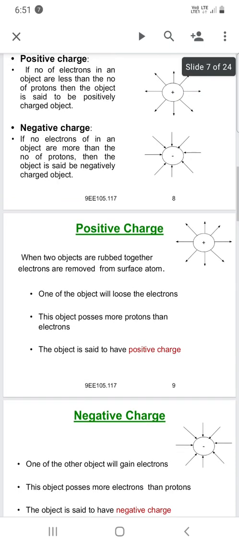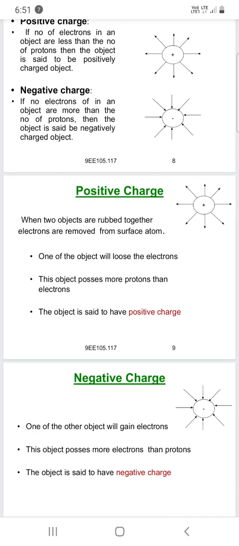Next, what is negative charge? If the number of electrons in an object is more than the number of protons, then the object is said to be a negatively charged object.